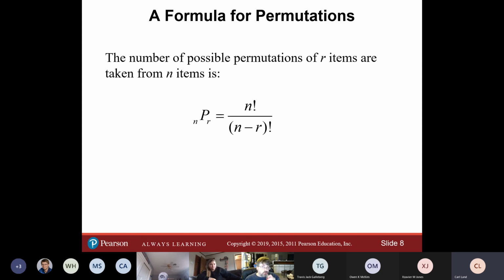Depending on your calculator, some calculators have built-in functions to handle permutations. If yours does, you do not need to use the formula. You may just use your calculator. If yours does not, you will have to use the formula. Most scientific calculators should have a factorial key, but in most cases, they will not necessarily have a way to do permutations built in.